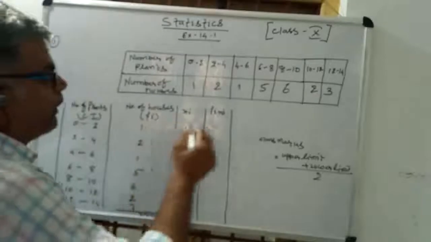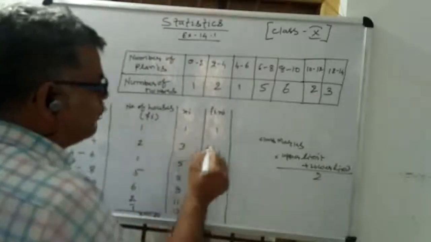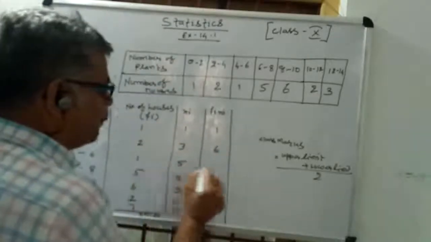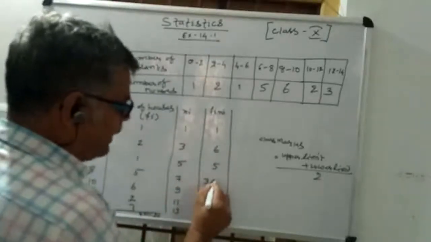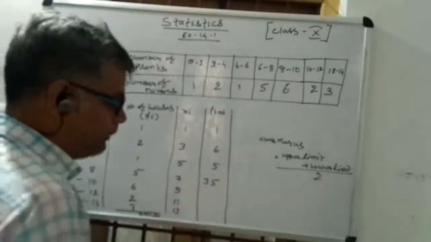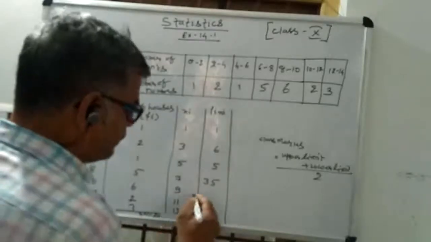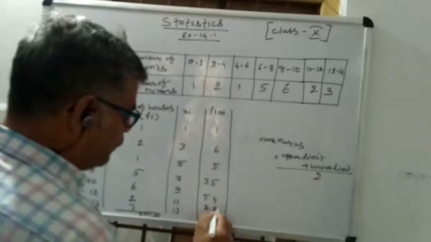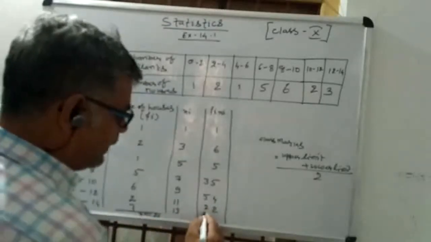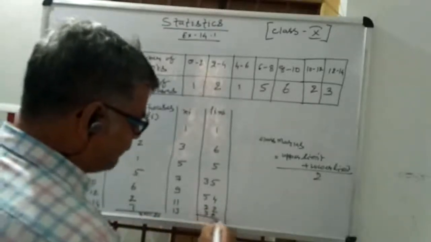So 1 into 1 will become 1, 2 into 3 will become 6, 1 into 5 will become 5, 5 into 7 will become 35, 6 into 9, 54, 2 into 11, 22, and 13 into 3, that will become 39.